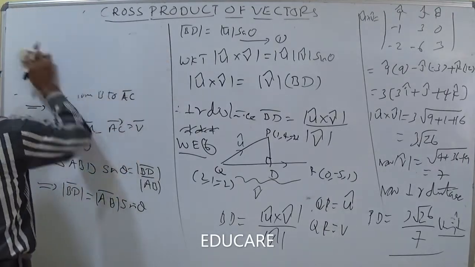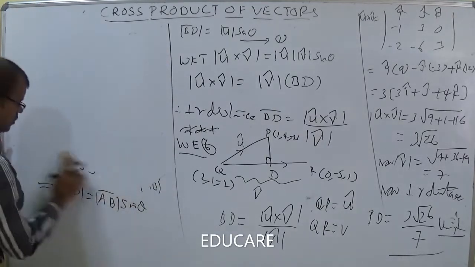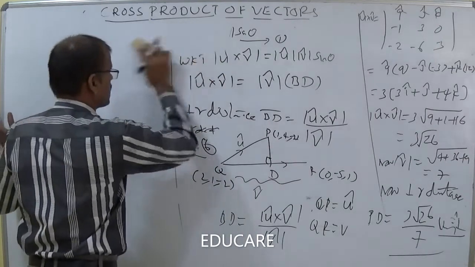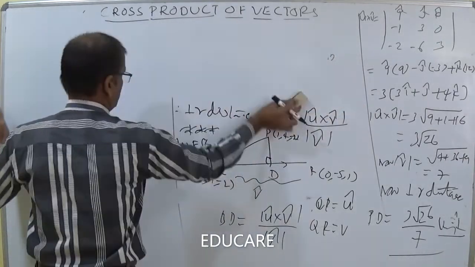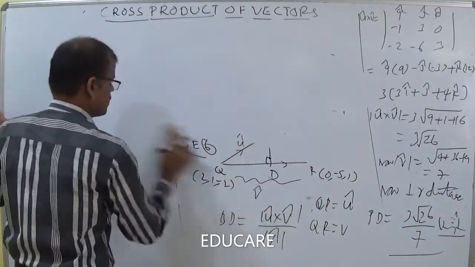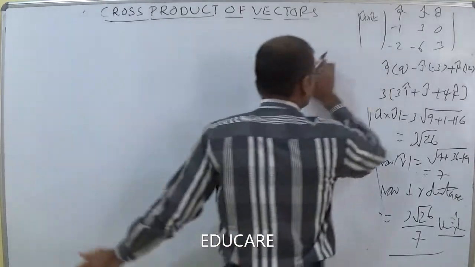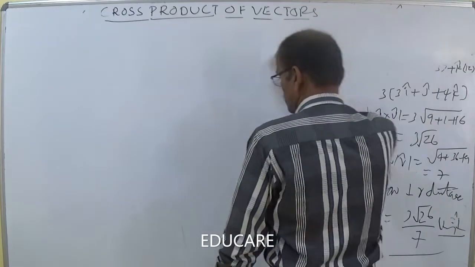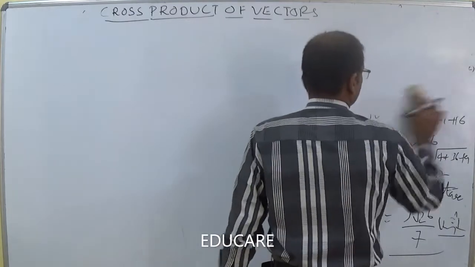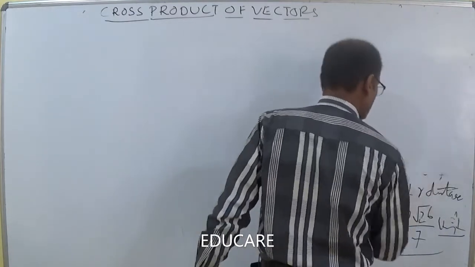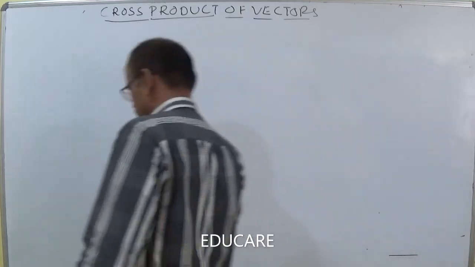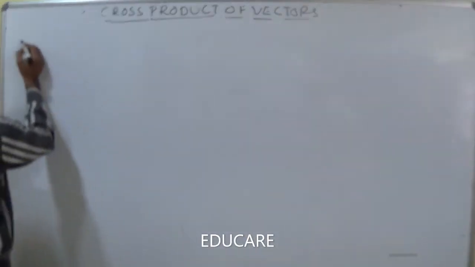According to that question, you should read carefully about the question, what data is given, and what we should calculate. If a force F applied through a point, about a point, here two terms are there: about a point and through a point. About a point and through a point.